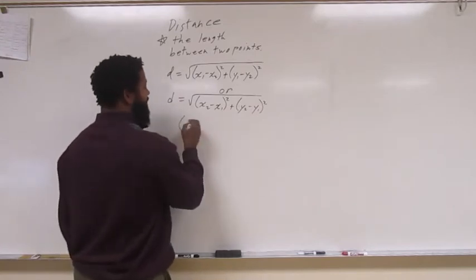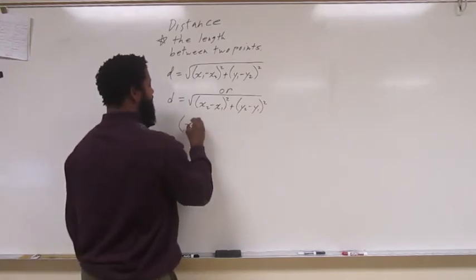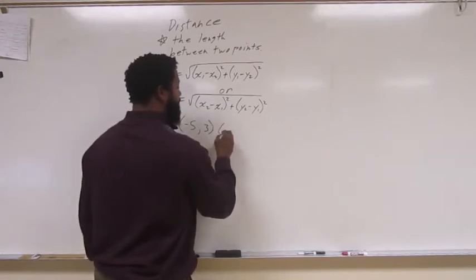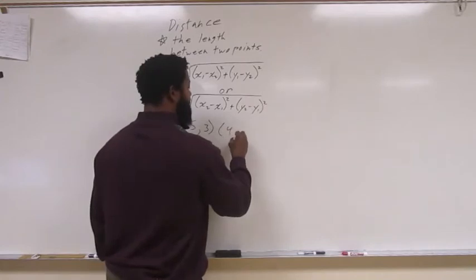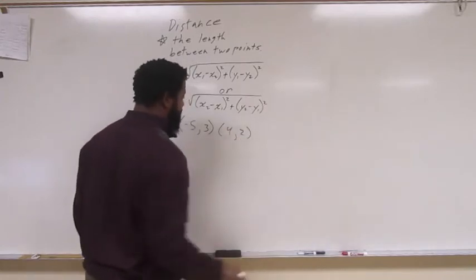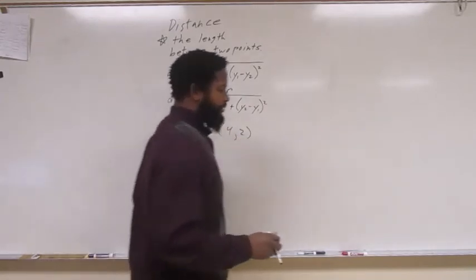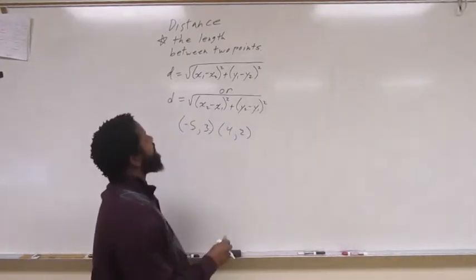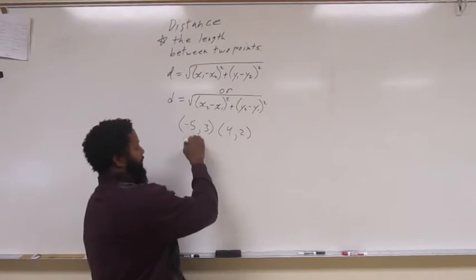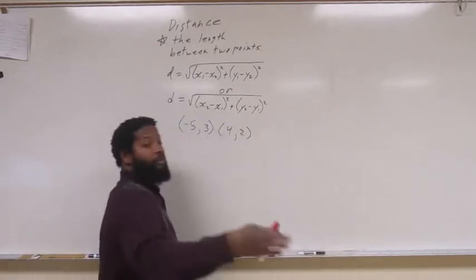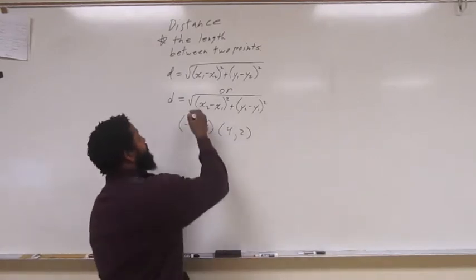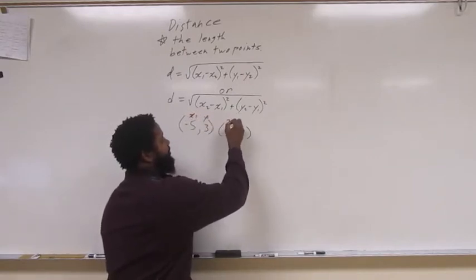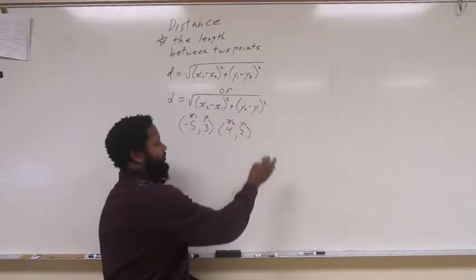So you might have, I don't know, -5 and 3 and 4 and 2, whatever. So from looking at this, obviously, what I want y'all to do is label, of course, x1, y1, x2, y2, right?